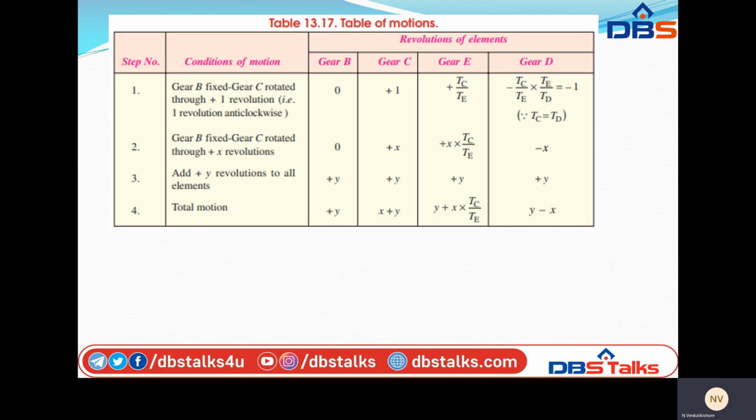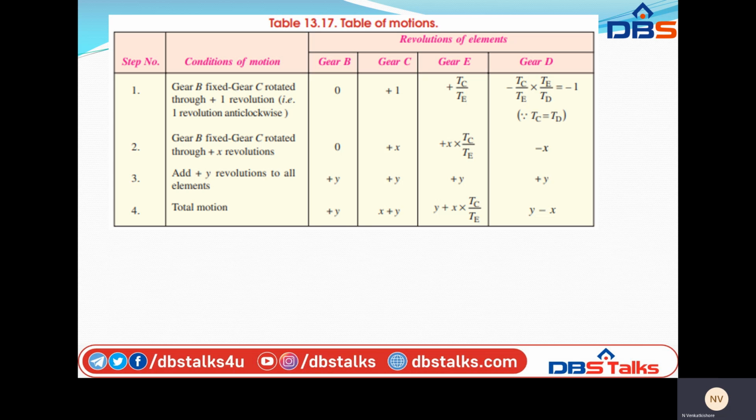Previously, in the epicyclic gear train, we had only three terms, that is gear A, gear B, and arm C. But here the main functions are gear BC and gear ED. So for that we are taking the table.